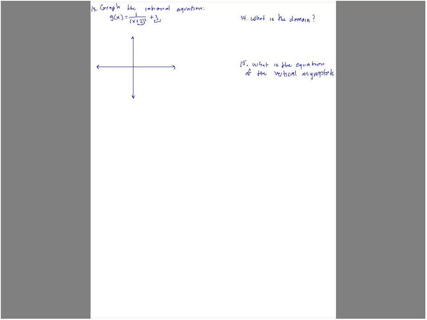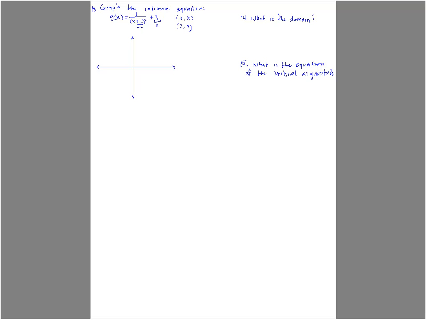So this will be negative h, and this will be k. And remember that the vertex, or the point of origin, I guess you could say, would be h and k. So basically you flip the sign of whatever's next to the x value. So that would be at 2 and 3.